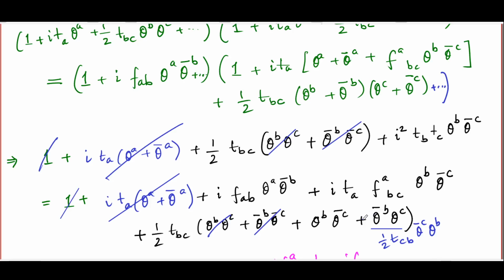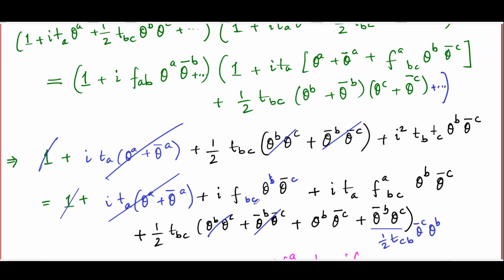So they really give you TBC theta B theta bar C. So you notice that only terms that are left here, all of them have theta B theta bar C except this one. But that's also easily remedied. All I have to do is just change the dummy indices to FBC theta B theta bar C.